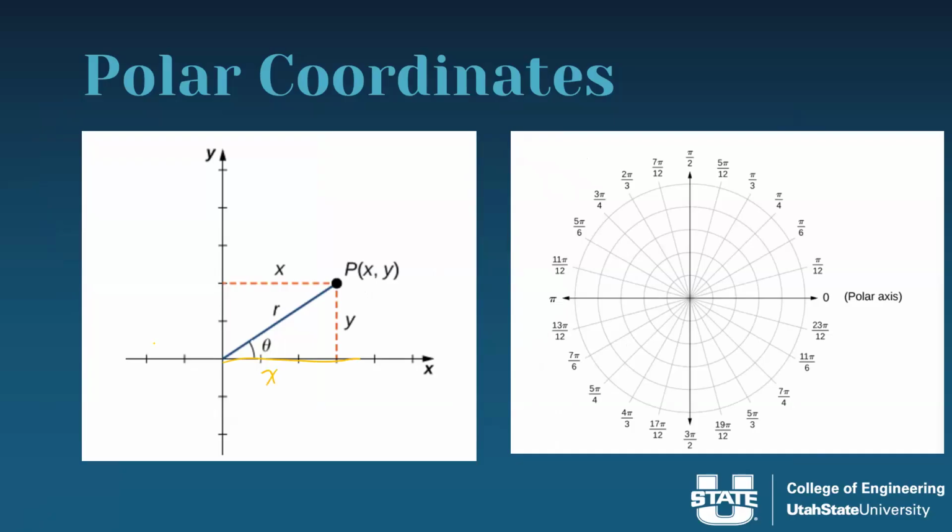And you know that cosine theta equals adjacent over hypotenuse, sorry, equals x over r. So x is equal to r cosine theta. And you can do the same thing with the y and sine.